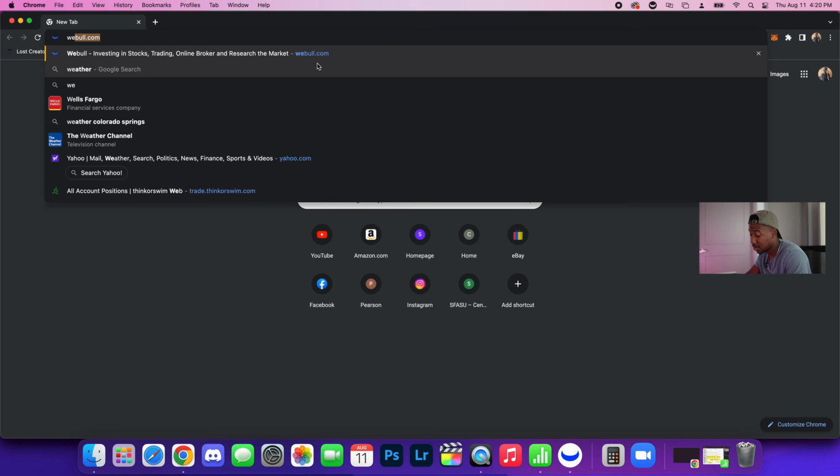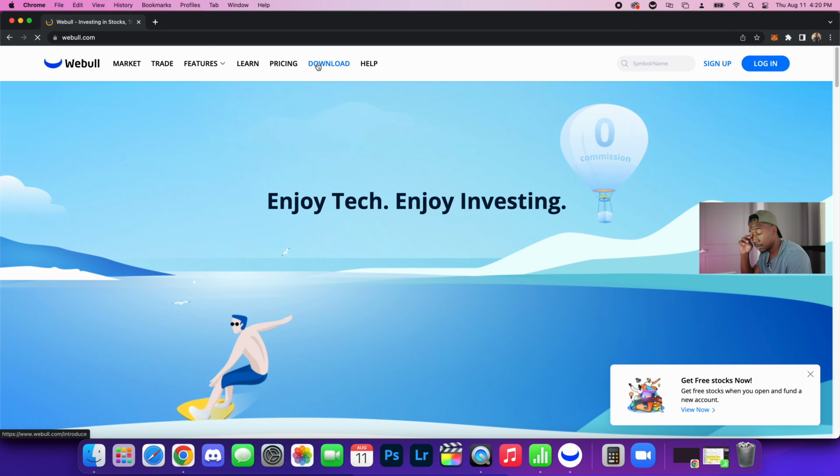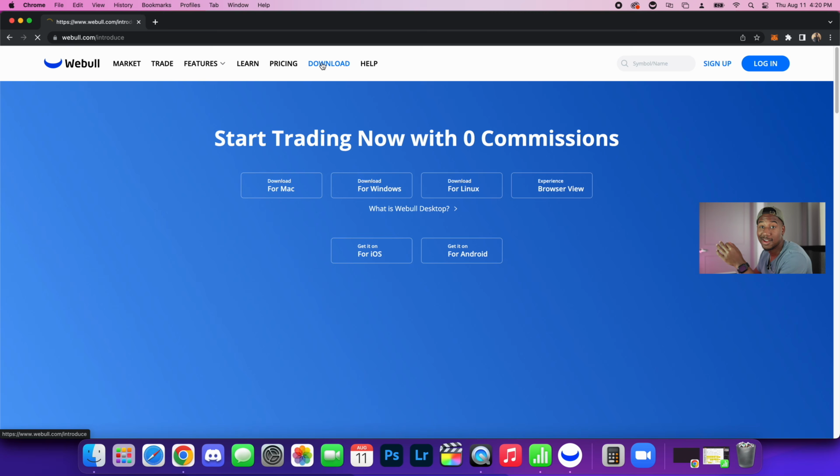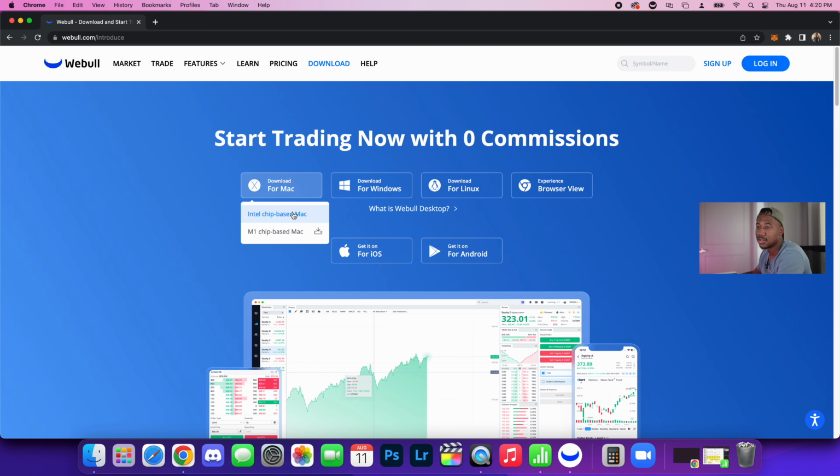So first you would just go to webull.com, and you don't necessarily need to worry about pricing. You could just go to download, and I have a Mac, so I would do Mac, and if you have one older than about 2020, it's probably going to be an Intel based or chip based Mac.